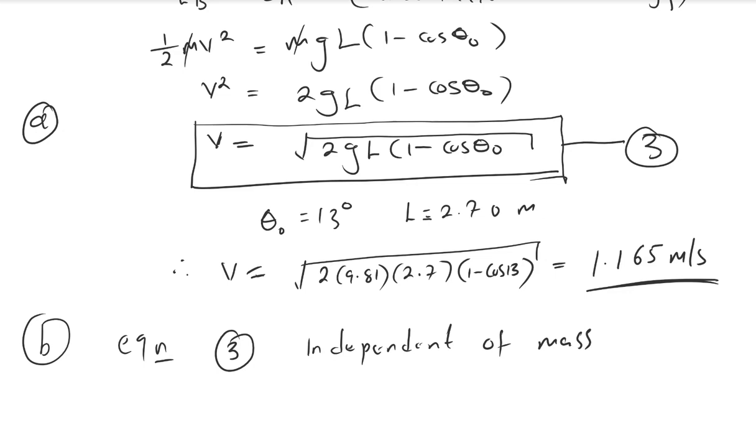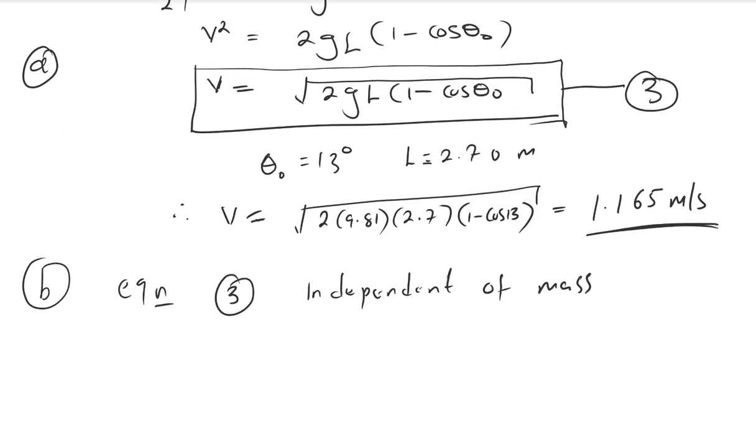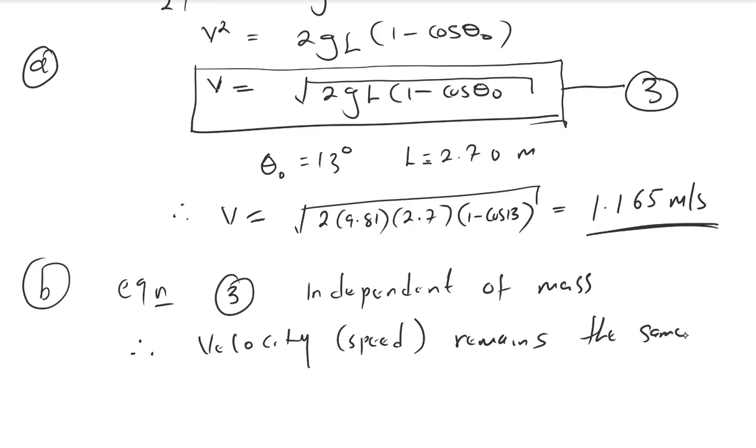So whatever mass does will not affect the velocity. If mass increases or decreases, this velocity remains the same. Therefore, velocity or speed remains the same with an increase in the mass of the ball.